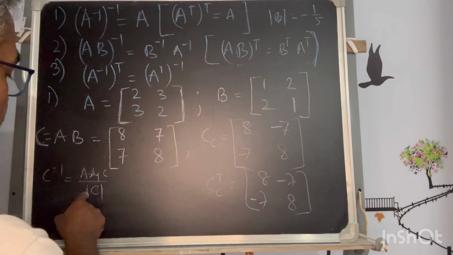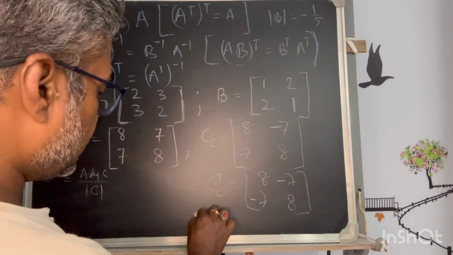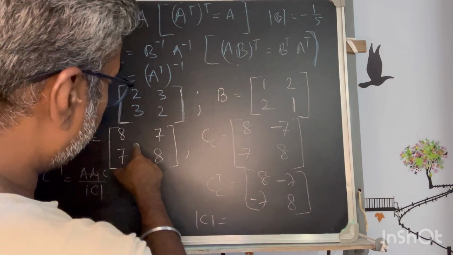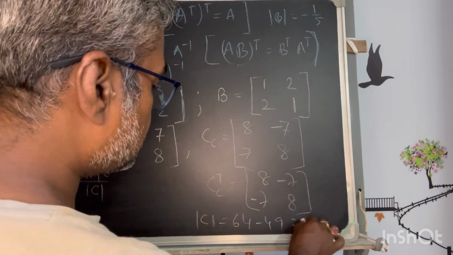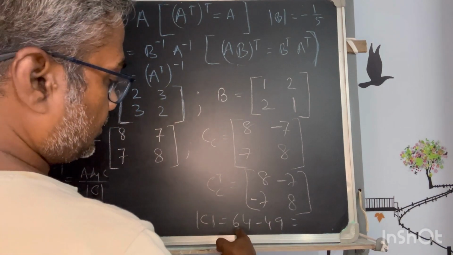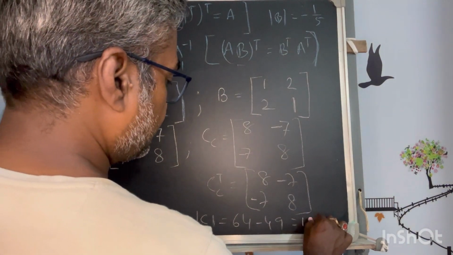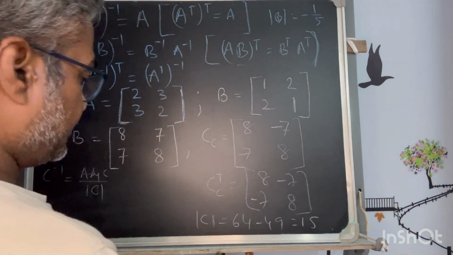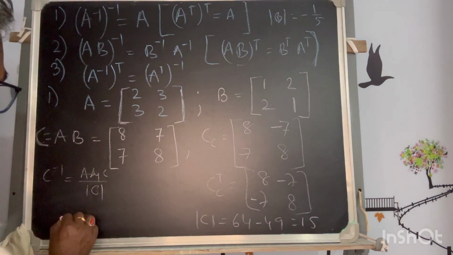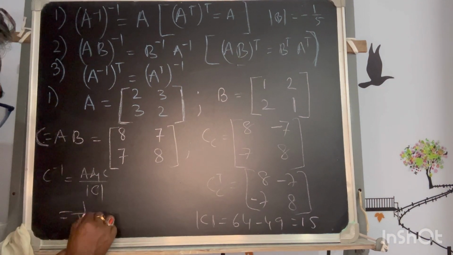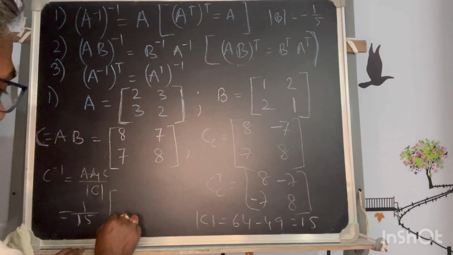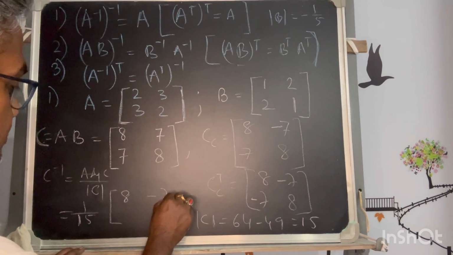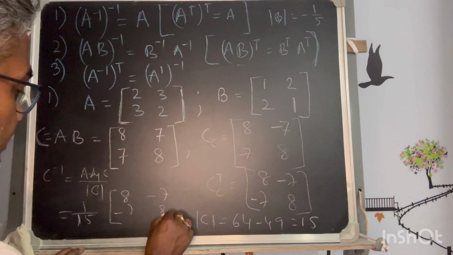And C determinant will be 8 into 8, 64 minus 49. So this will be how much? That will be 15. Okay, this will be 15. So if I take 1 by 15 here, because of C determinant and the adjoint, your matrix is 8, minus 7, minus 7 and 8.